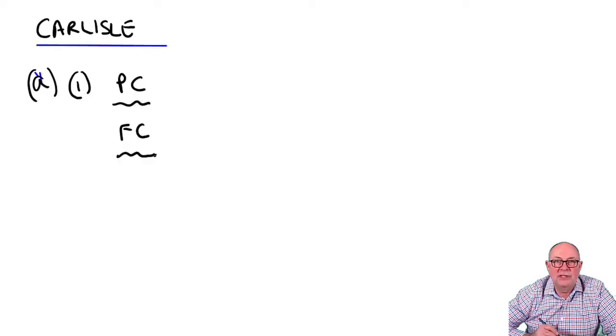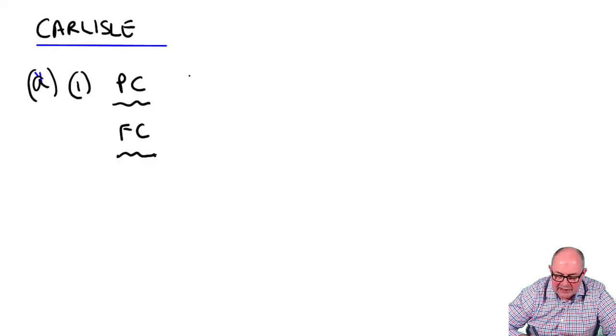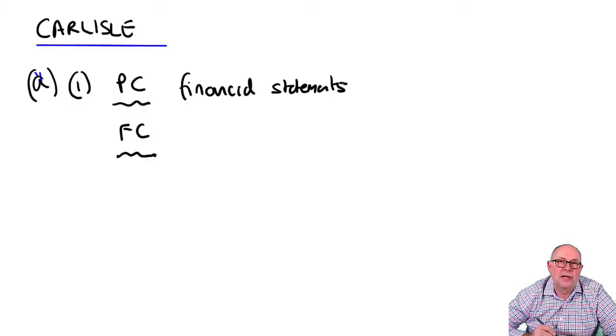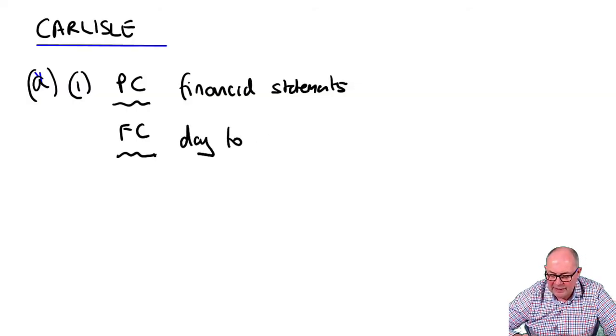As you know, loosely speaking, the presentation currency is the currency in which the company presents its financial statements. And the functional currency is much to do with the currency in which the business operates on a day-to-day basis. So it's all about day-to-day operations.